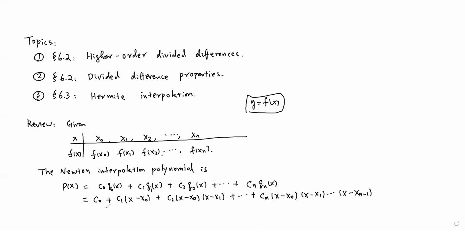We use a different notation for the coefficients. C0 only depends on the function value at x0, so we use this notation for C0. And C1 only depends on the function value at x0 and x1.